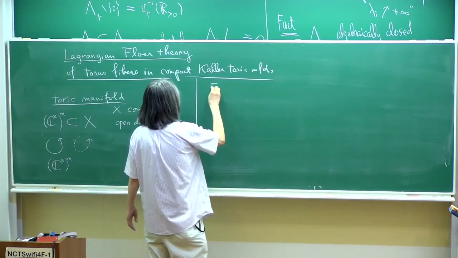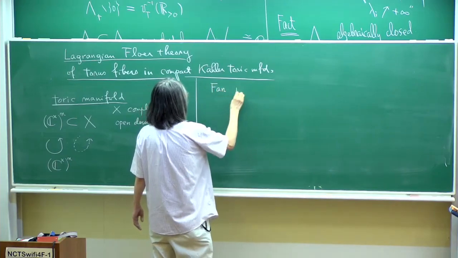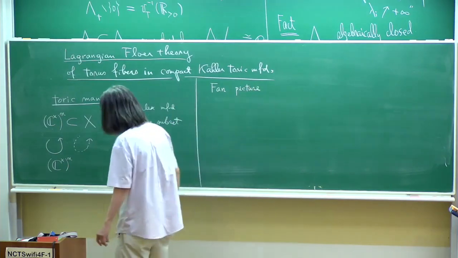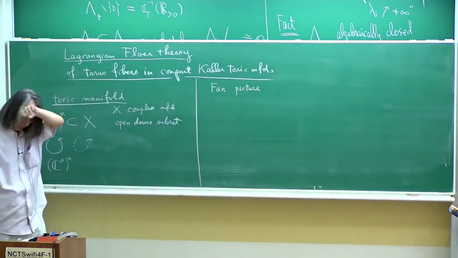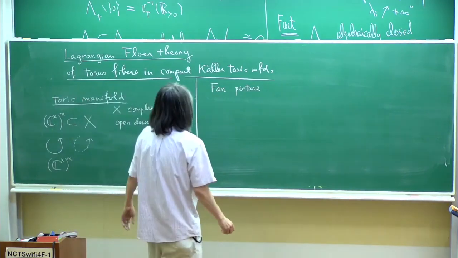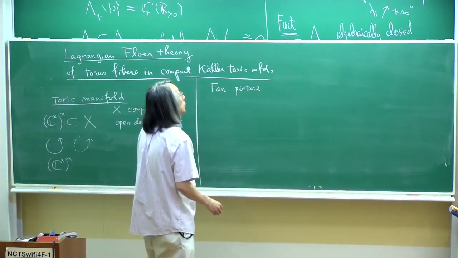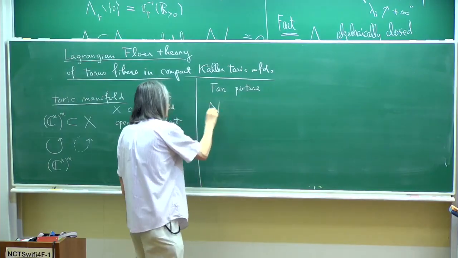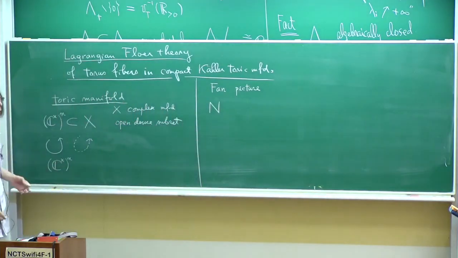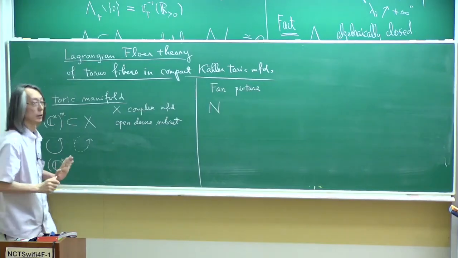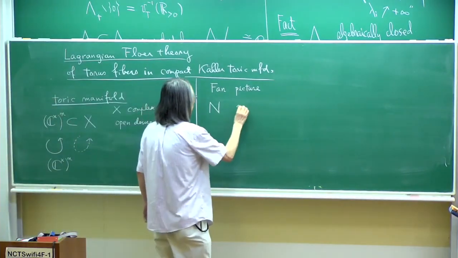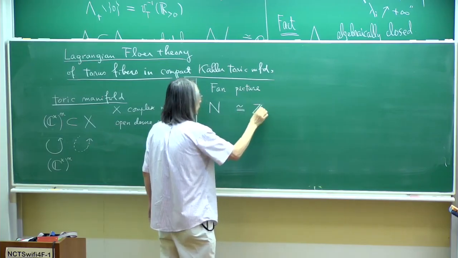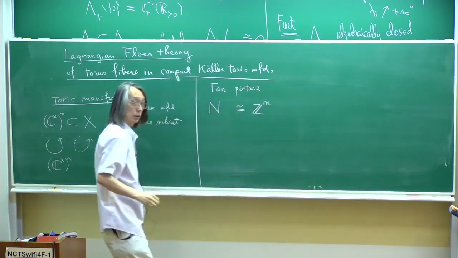There is the so-called fan picture. Or maybe originally it is defined by using a fan. So people may use N. N is a lattice. I mean, N is a free abelian group of rank n.